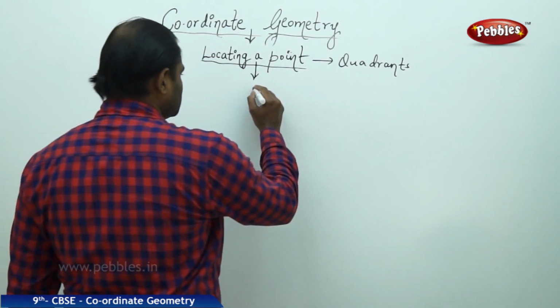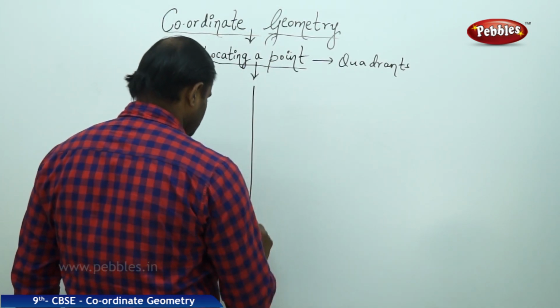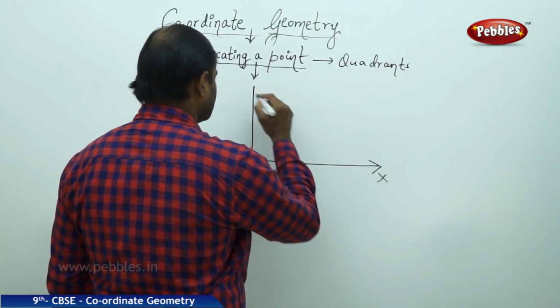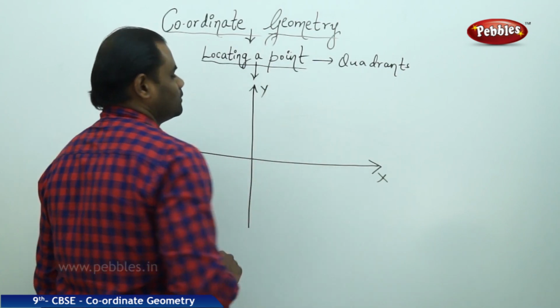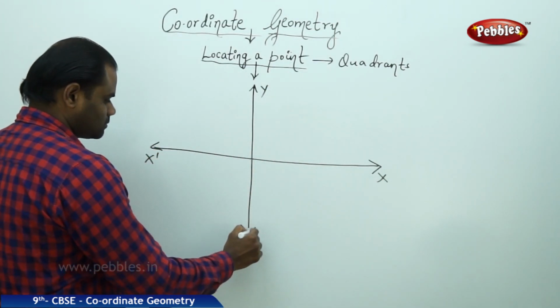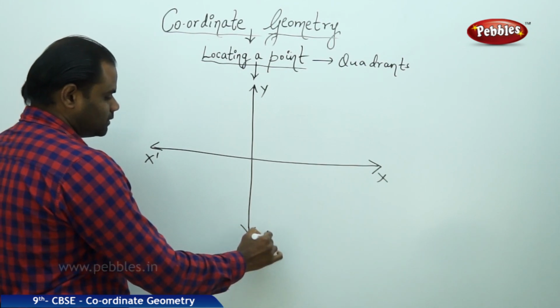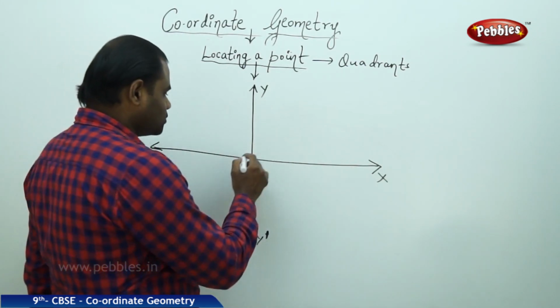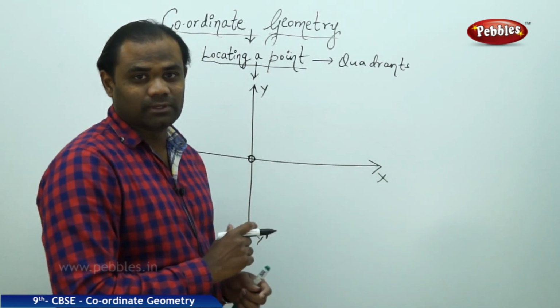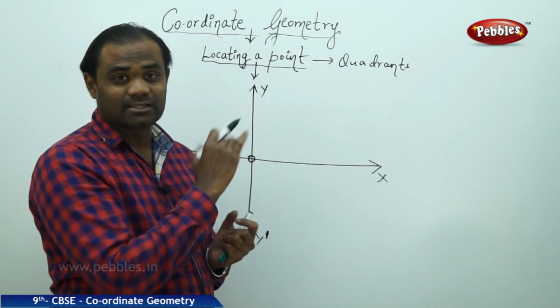Now when it comes to x and y axis, let's try to locate some points on x and y axis positively, negatively on either sides of the origin.